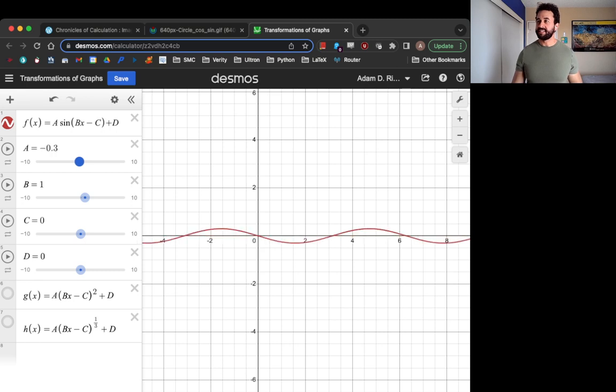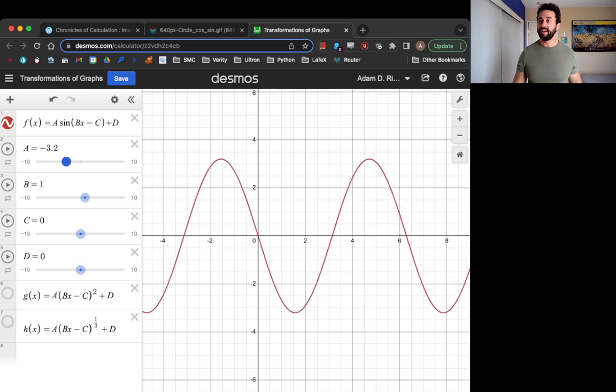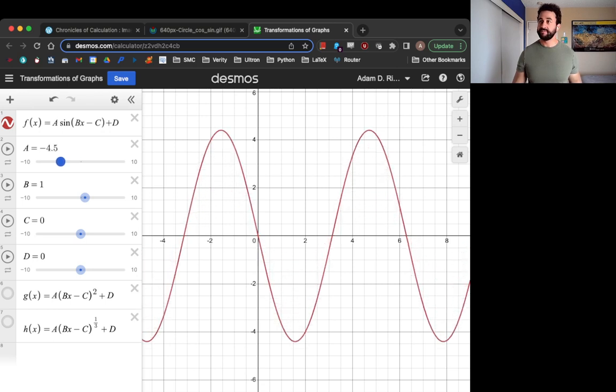Now watch this. If I go negative, everything flips upside down, but the size of A still affects the amplitude. So if the size of A is between 0 and 1, I get a vertical compression. If the size of A is bigger than 1, I get a vertical stretch, just like that.